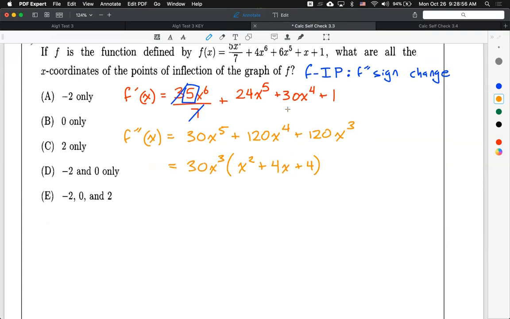Either way, let's pretend that we don't know it's a perfect square. We can use normal ninja star because the leading coefficient here is 1. Chris, how do I do normal ninja star again? Two and 2, yep. So that really factors as 30x to the power of 3 times x plus 2 times x plus 2, or I can just say x plus 2 quantity squared.